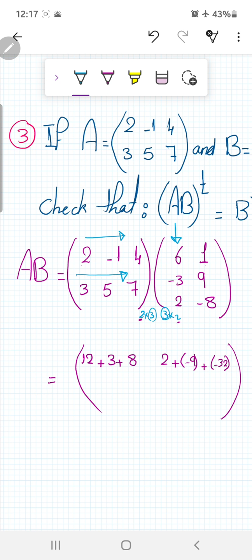What about the second row? 3 times 6, 18, plus 5 times negative 3, negative 15, plus 7 times 2, 14. The second column, 3 times 1, 3, plus 5 times 9, 45, plus 7 times negative 8, negative 56.